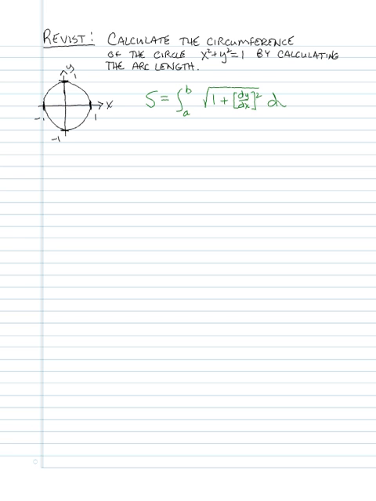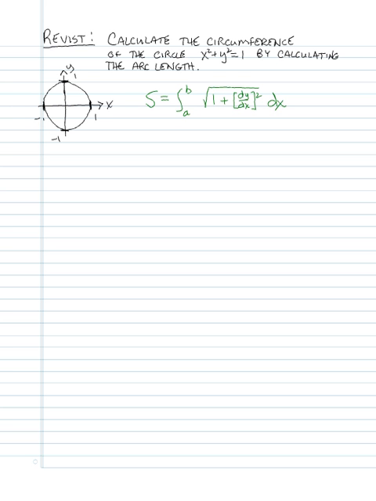And of course, we're integrating with respect to x. So this implies that we've got to find the derivative of y with respect to x, and we have to decide, furthermore, what our a and b are, from where to where. So there are some issues to deal with. That's the main point I'm trying to make.